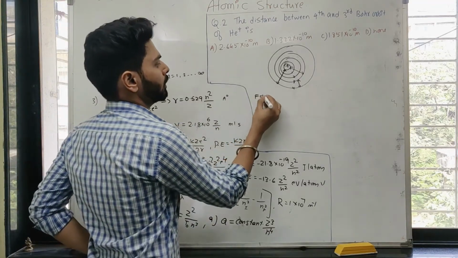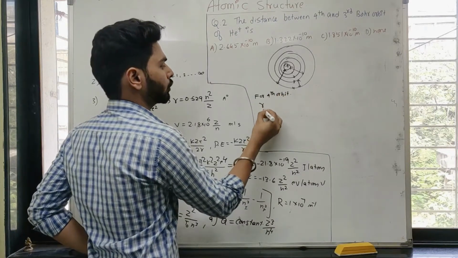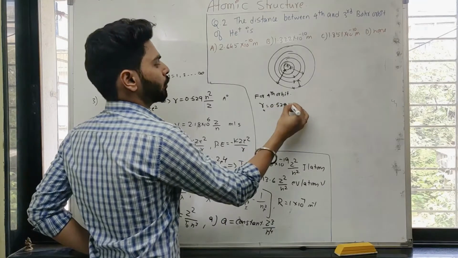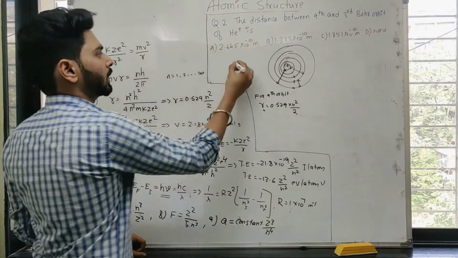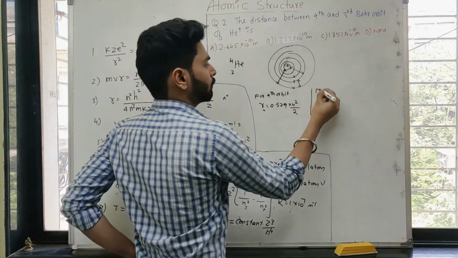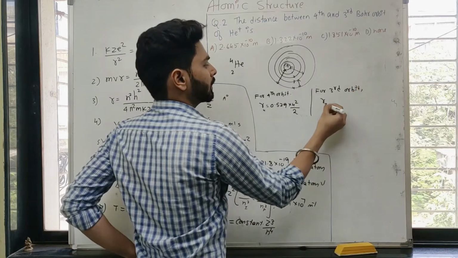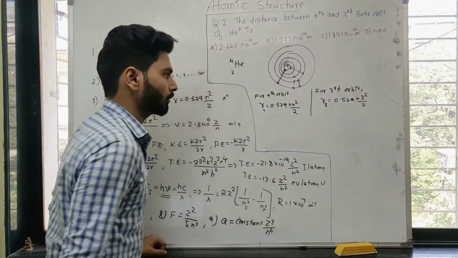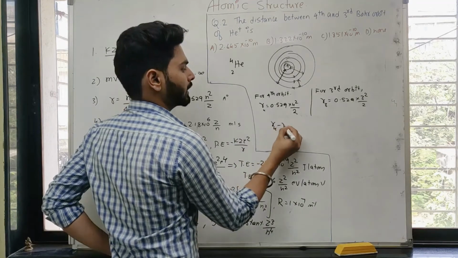For the 4th orbit, the radius will be 0.529 into 4 square divided by 2, because helium has atomic number 2. And for the 3rd orbit, R3 equals 0.529 into 3 square divided by 2. So we have to subtract that: R4 minus R3.